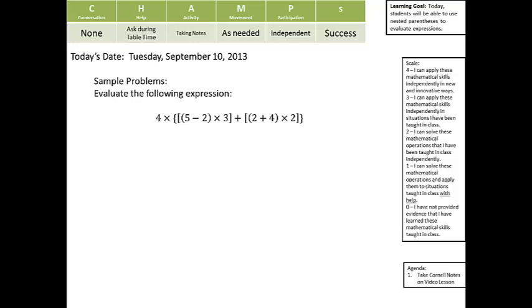And then we do 5 minus 2 in parentheses times 3 bracket plus, and then another bracket, another parentheses, 2 plus 4 in parentheses times 2, and then we have another bracket and another brace. So we're going to solve this type of problem, and remember we work from the inside out. So we'll start on the inside and work our way out.